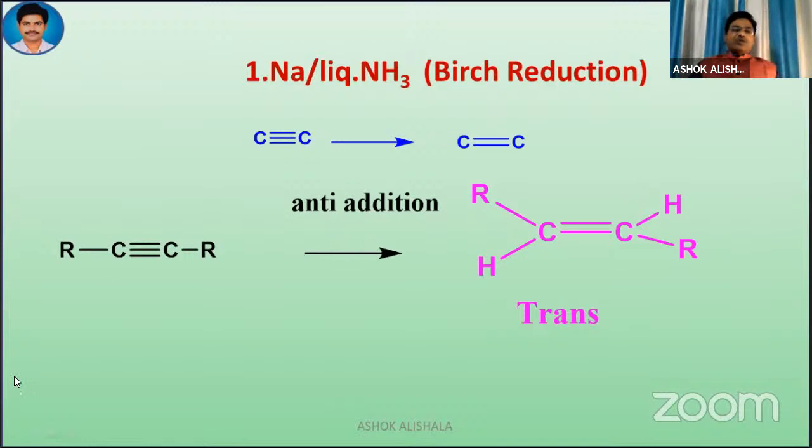That means of the two hydrogens that are added during this reduction, one is added on this surface by breaking the bond, and another is added on the other surface. That means these two hydrogens are added anti to each other. Therefore, the product is the trans product.